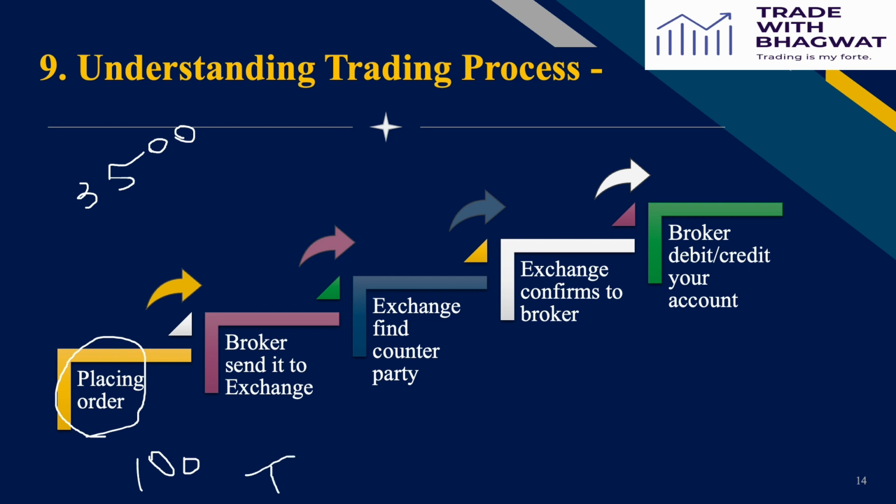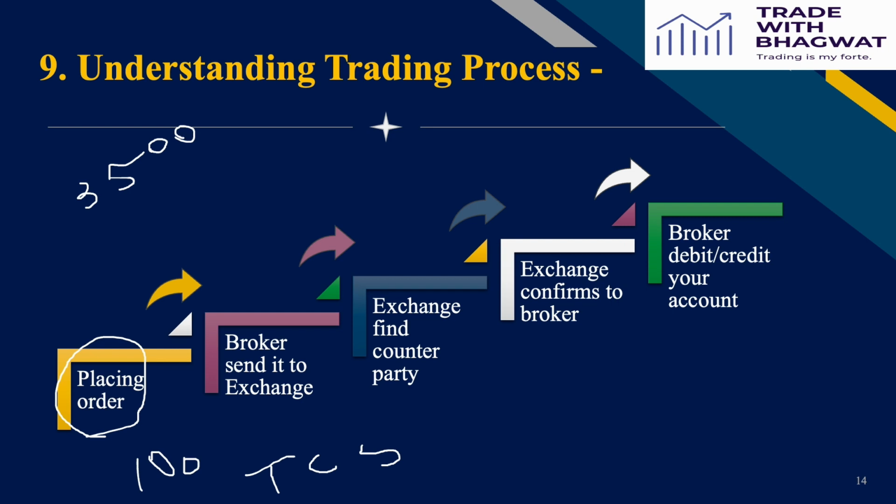What will happen is we'll go on the broker app, log in with our account, and send that order of 100 shares of TCS at 3,500. The broker sends it to the exchange, the National Stock Exchange or the Bombay Stock Exchange. Then the exchange finds the counterparty. Counterparty means someone, from our broker or from anyone else, who might want to sell the stock, but their price may vary.